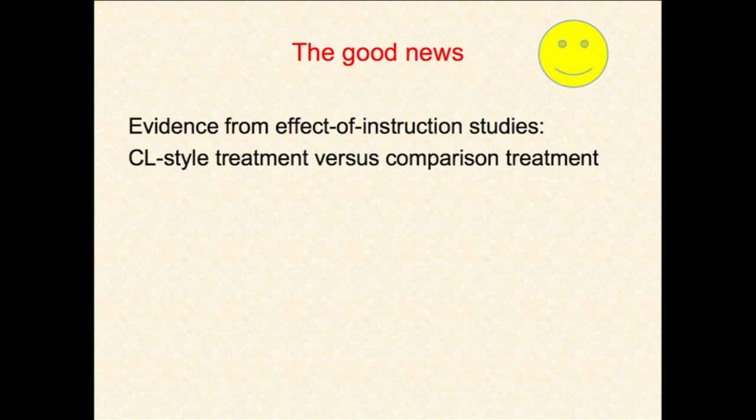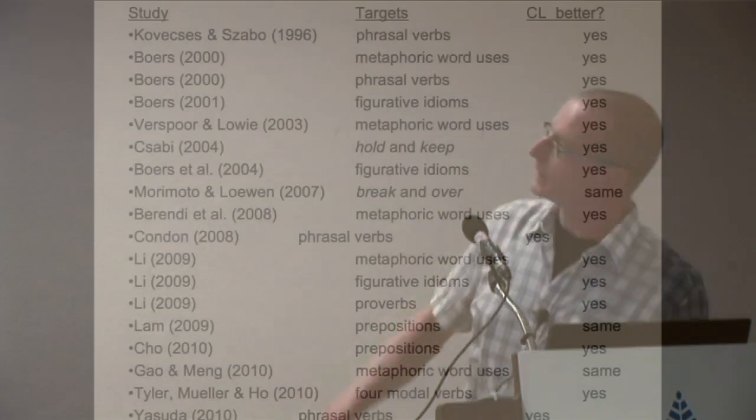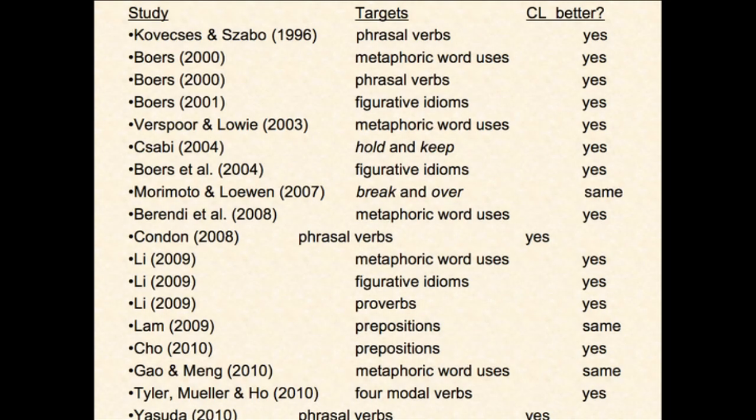I was asked to write a review article on this a couple of years ago, and these are the studies I found, quite a few. If you look at the right-hand column, does CL work better? In the majority of the cases, it does work better than the comparison treatment. There's not a single study I found in which a comparison treatment actually worked better than the CL treatment. It's rather good news.